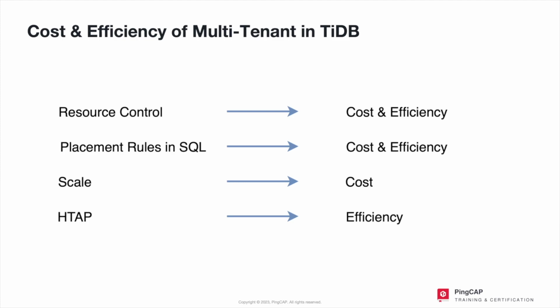All these help us refine cost control, and only by doing so can we adjust cost allocation based on differences of each tenant. TiDB Database's resource control can automatically schedule more computing power or storage capacity for tenants whose load suddenly increases or decreases.